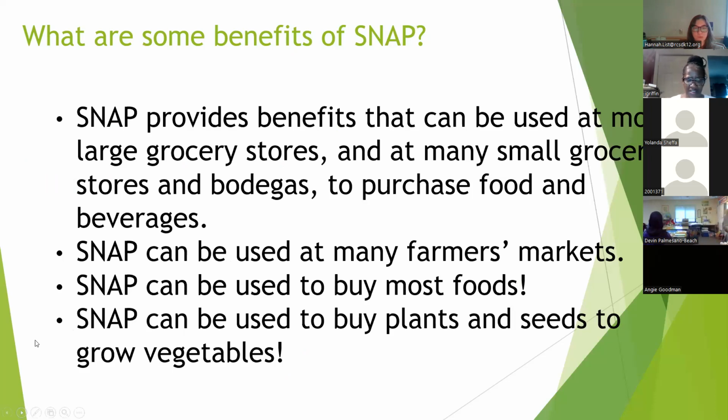SNAP provides benefits that can be used at large grocery stores and many small grocery stores, bodegas, to purchase food and beverages. SNAP can be used at many farmers markets, like the Rochester Public Market. SNAP can be used to buy plant seeds and grow vegetables as well. A lot of people didn't know that.